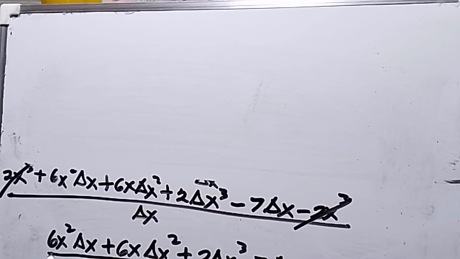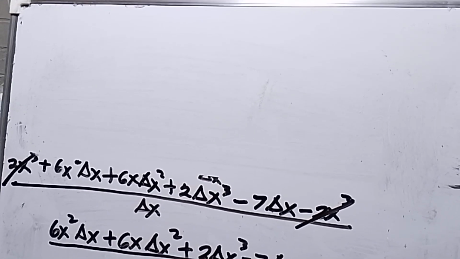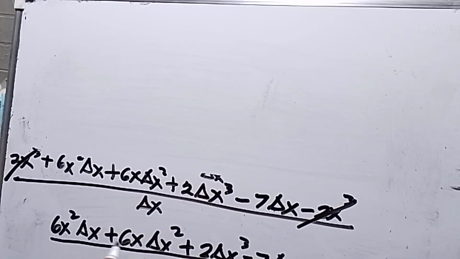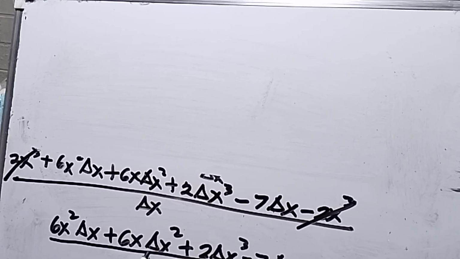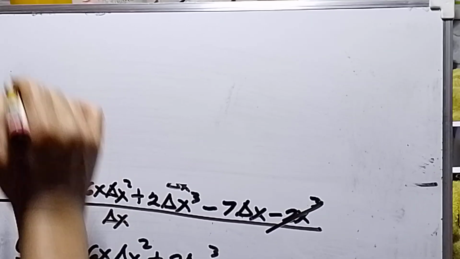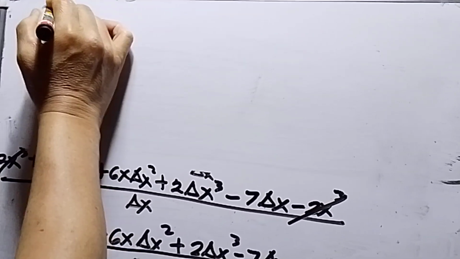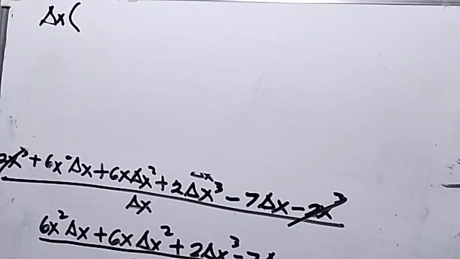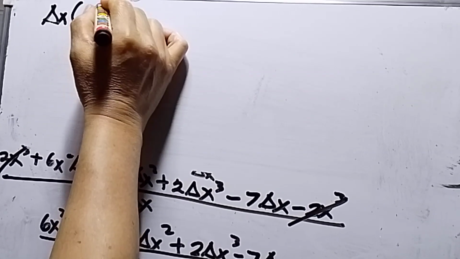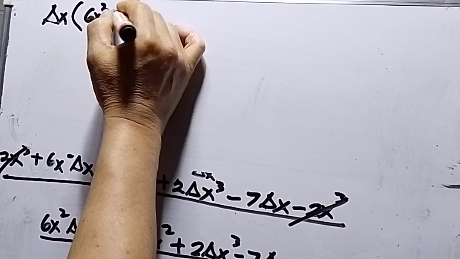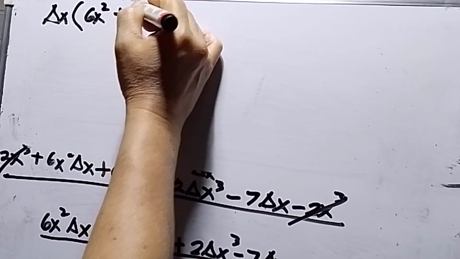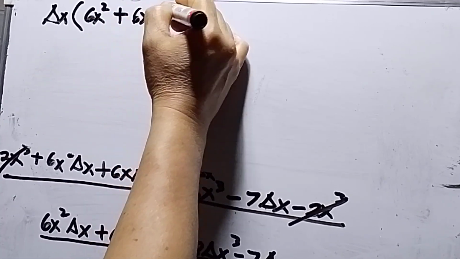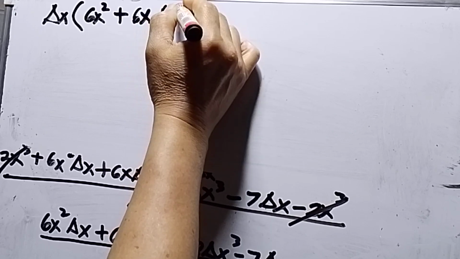So combine. Since all of them have delta x, the first term, the second, the third, and the fourth, I can factor out the delta x. So delta x, then this will be 6x squared plus 6x delta x.